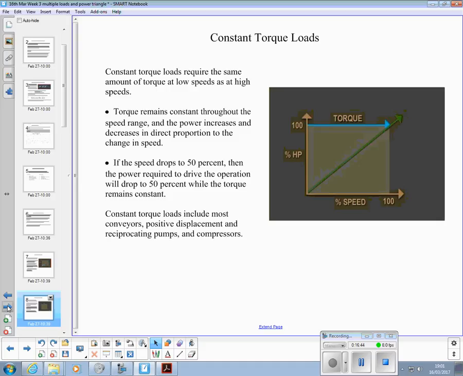Constant torque loads include most conveyors, positive displacement and reciprocating pumps and compressors. So again, there's less power required, so your inverter is going to use less energy because it's going to drop the voltage down and draw less power from the mains.